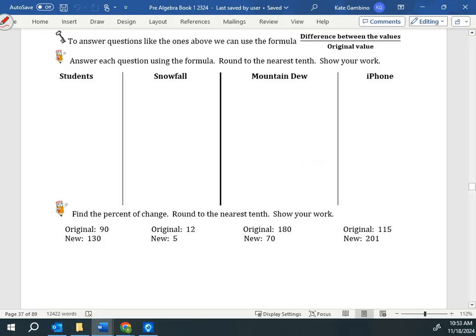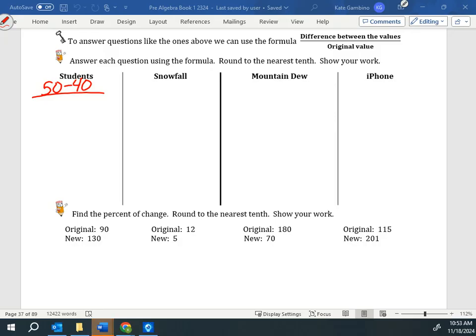So for the students, we had 40 students last year, 50 students this year. How do I find the difference? Christina? 50 minus 40. Big number, subtract the small number. And I'm going to divide it by my original value.